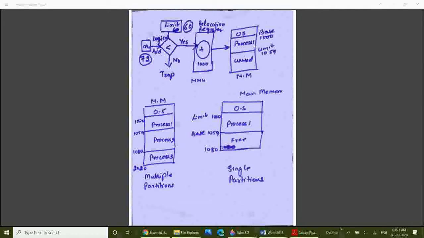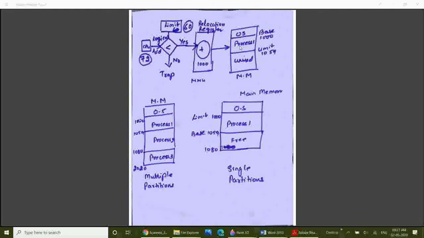access the memory partition, what would happen? So this 72 would have been added to the relocation register. What is the relocation register? Basically, it is the base register itself. So what is the base address of process 1? It is 1000. So 1000 plus 72 would have been 1072, which is actually the address of the next partition.